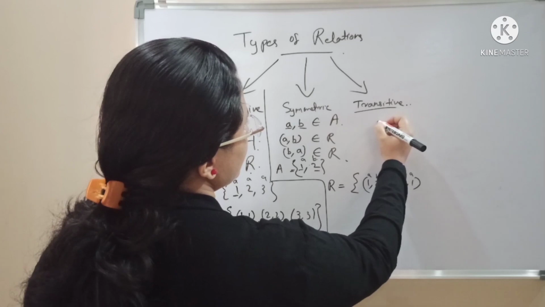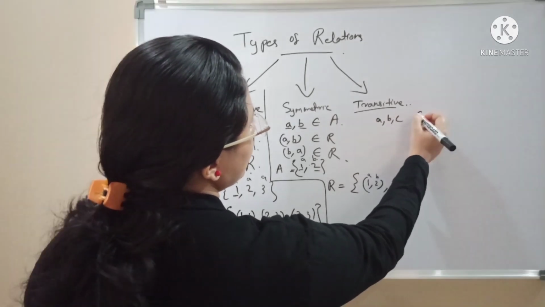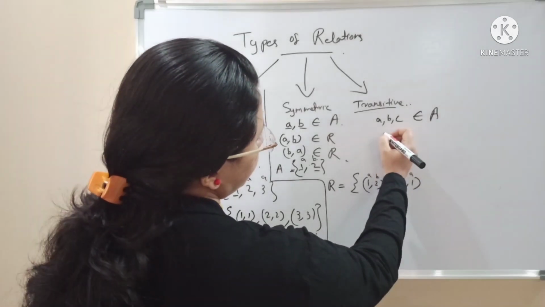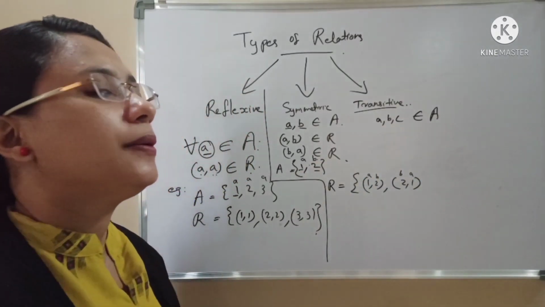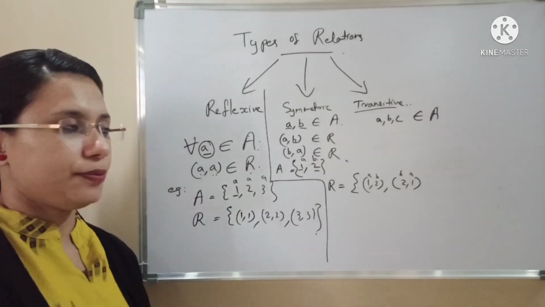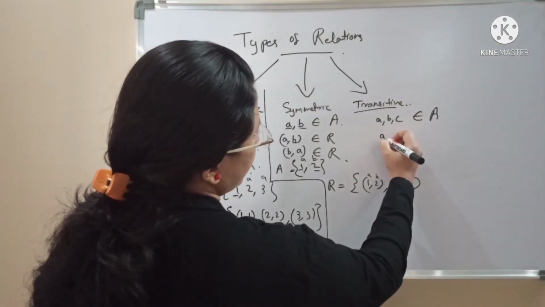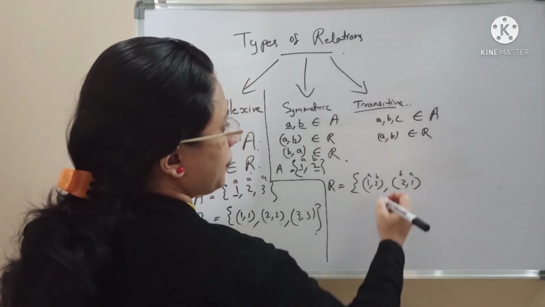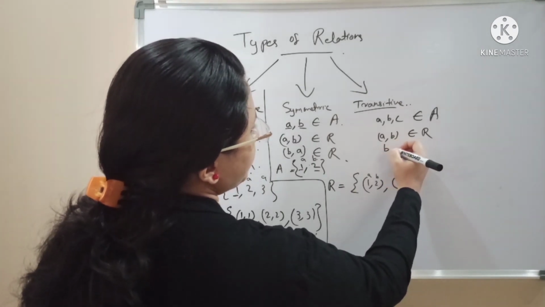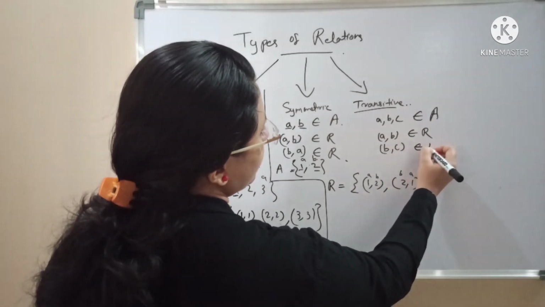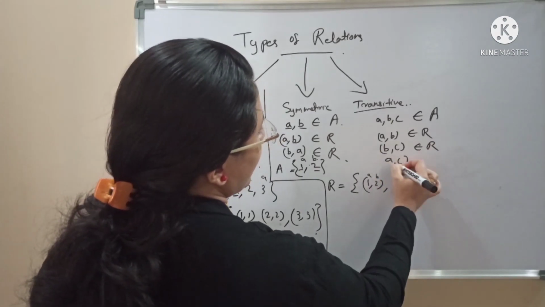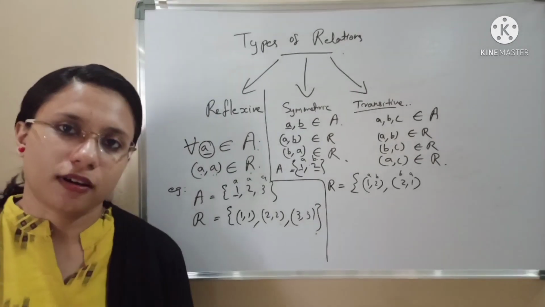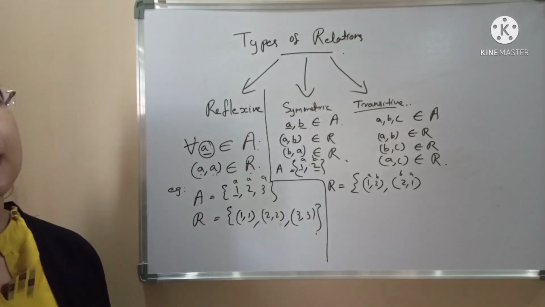Transitive in the sense, suppose a, b, c belong to A. Then what will be there in the relation R? (a, b) will be there in R, (b, c) will be there in R, and (a, c) is also contained in relation R. That is transitive.